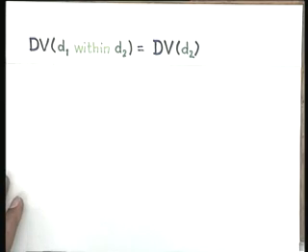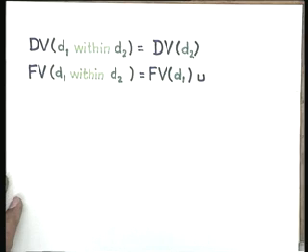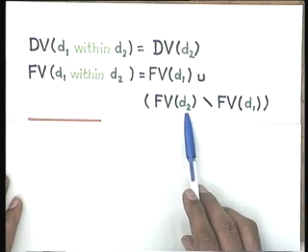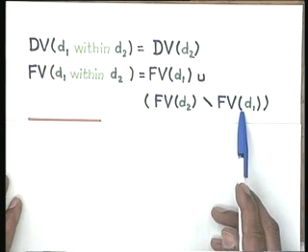So, the declared variables of this declaration are just the variables of D2, and the free variables here of course are all the free variables of D1 union all the free variables of D2 which are not free in D1.